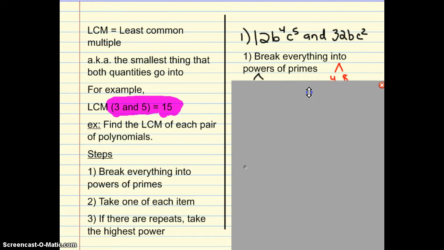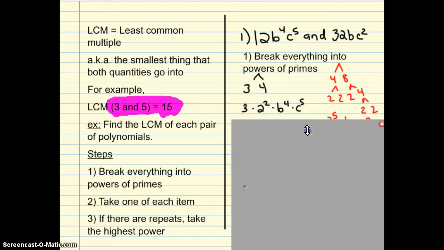So really, I just have to break down my numbers here and here. My 12 goes into 3 and 4, and 4 breaks into 2 squared. So I have 3 times 2 squared, and then my b to the 4th and c to the 5th just come down.